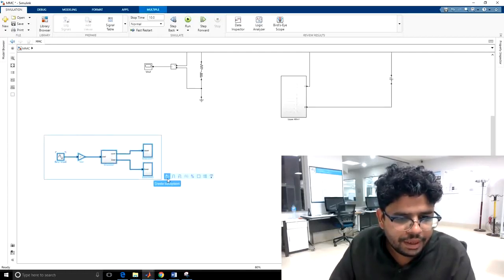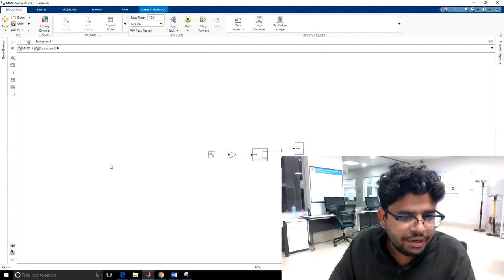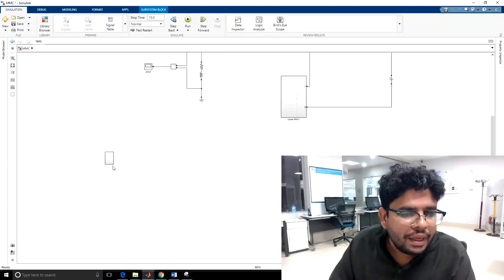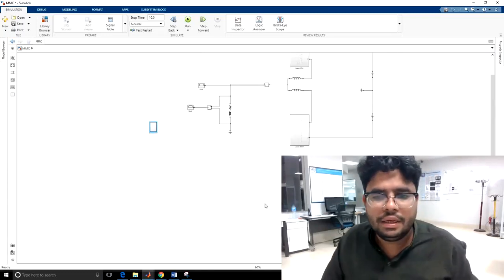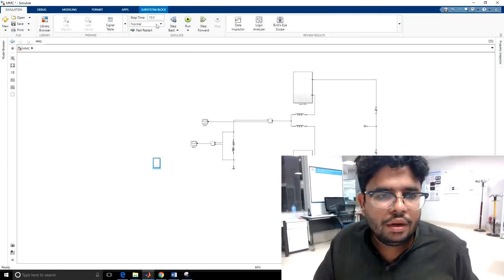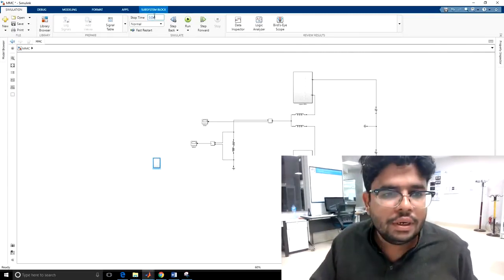Finally, let's make a subsystem of it and name it nearest level control, NLC. So this is our NLC control. Alright, let's run the block and see the results.